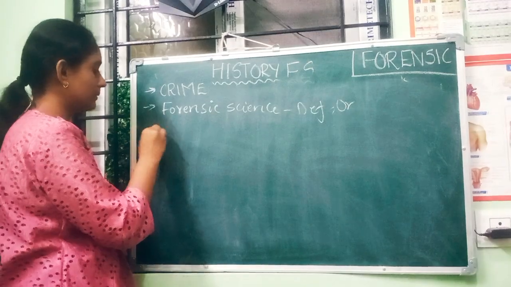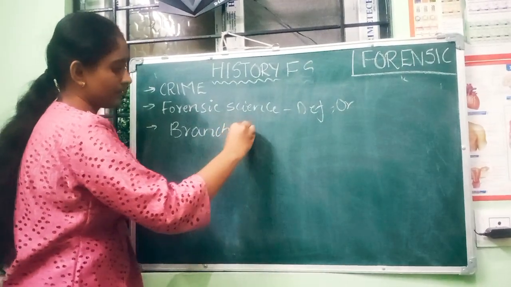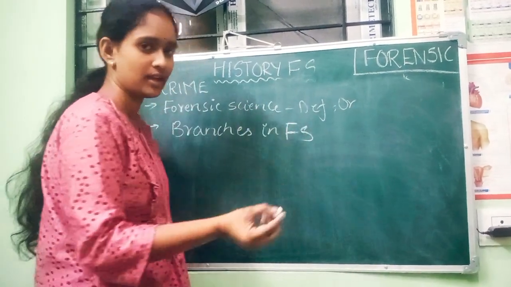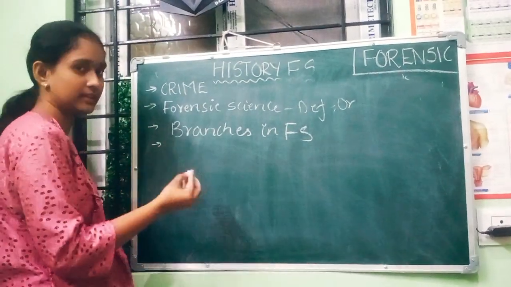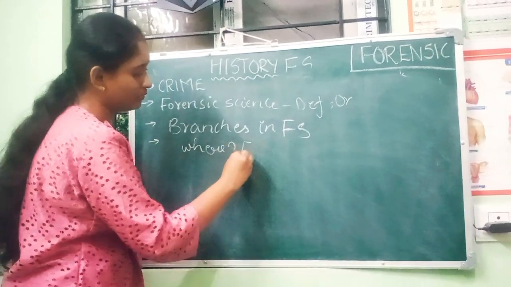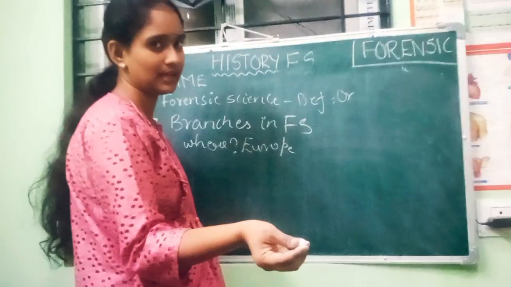Then we learned the branches of forensic science, and also where it came from. Remember, it came from Europe, and it is also known as criminalistics.